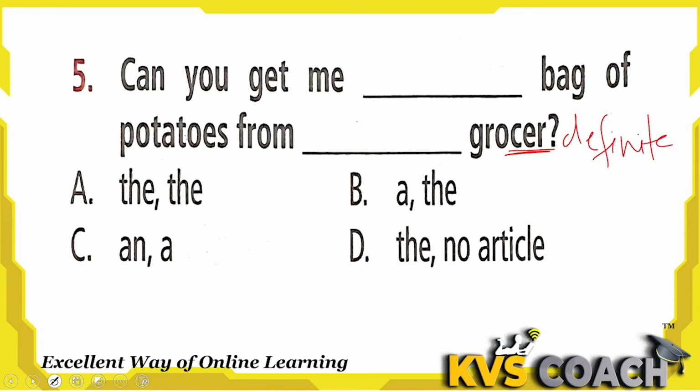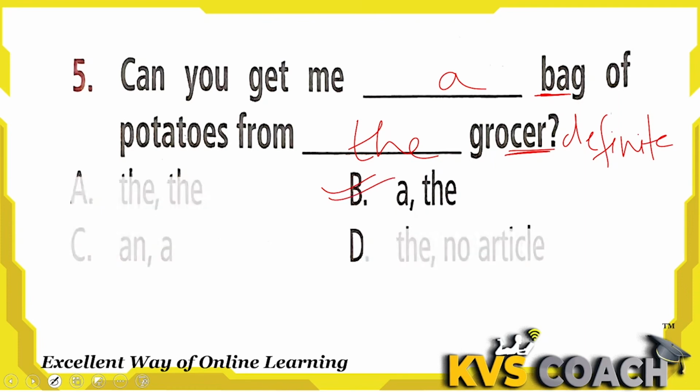So we are using the here. Can you get me dash bag? Here bag is a singular common noun, so we use a or an. Because B is a consonant, we use a. So, can you get me a bag of potatoes from the grocer? So A and the, B is the right answer here.